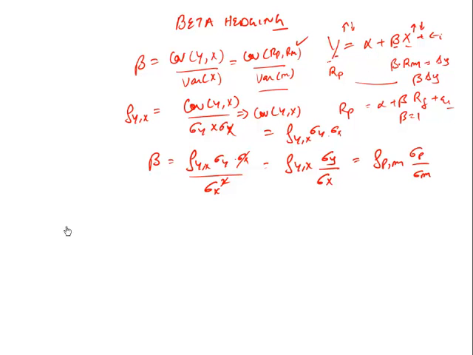Please tell me, if one portfolio has a beta equal to 2 and another portfolio has a beta equal to 0.8, which of the two portfolios is more risky?